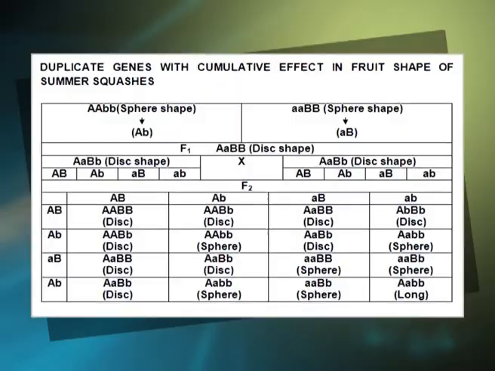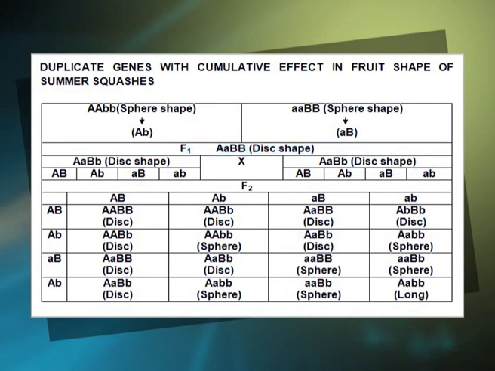When two different races of sphere shaped summer squashes with genotypes capital A, capital A, small b, small b and small a, small a, capital B, capital B are crossed, the F1 progenies are all disc shaped with the genetic constitution capital A, small a, capital B, small b.